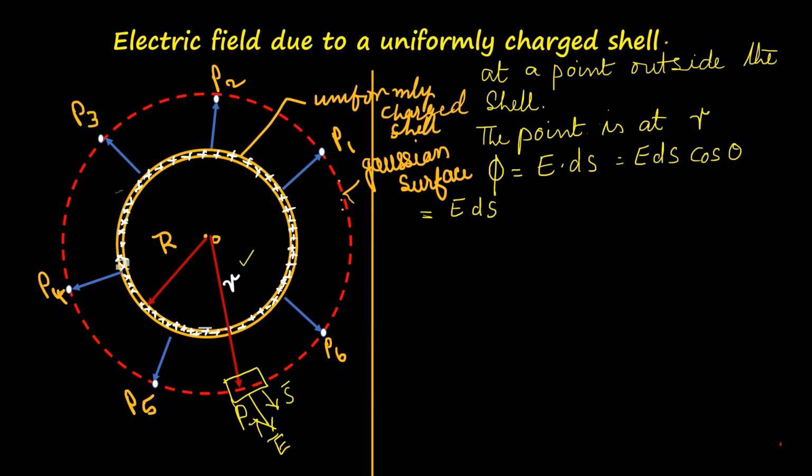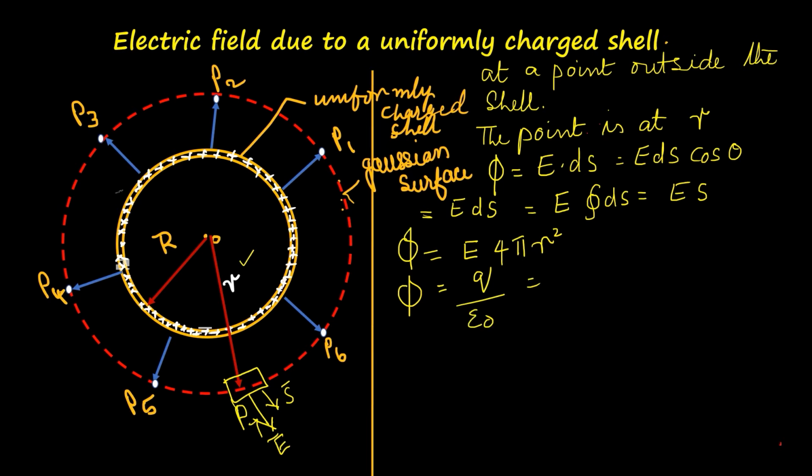Integrating for all the area elements on the surface, we get E integral of ds, which is equal to E times the area. Yes, the surface is a sphere, so we have to substitute for the area of a sphere. So it becomes E 4 pi small r square. So flux is equal to E 4 pi r square. Applying Gauss law, flux is equal to Q by epsilon naught.